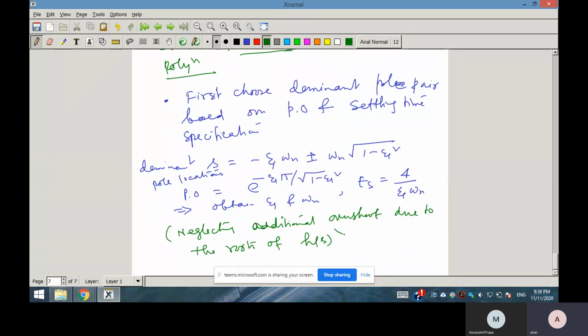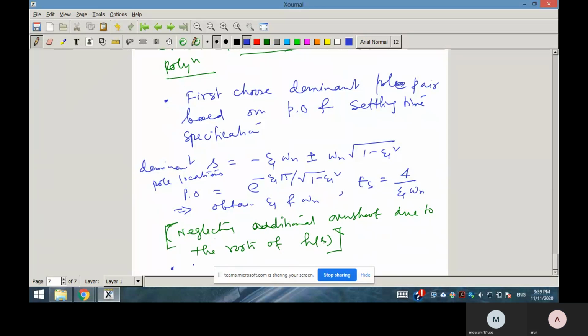So I am not taking that into consideration. When we choose this, we are assuming there will be negligible overshoot due to the choice of h's, but actually you cannot avoid that. But anyway, this dominant pole pair can be an initial choice for the closed loop poles.